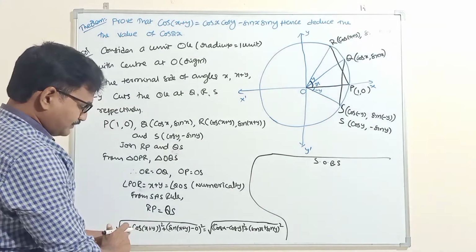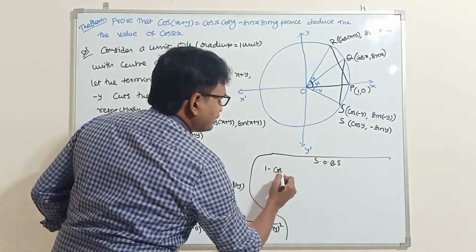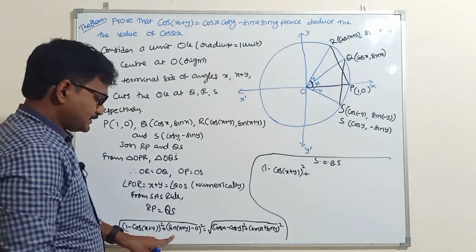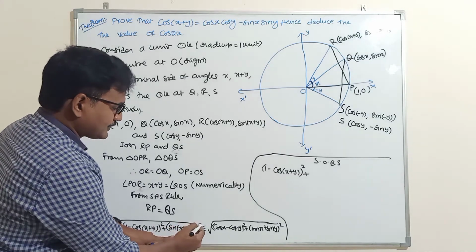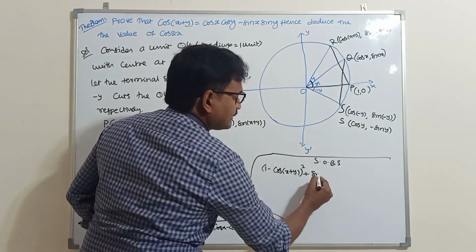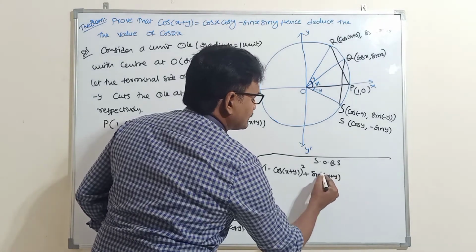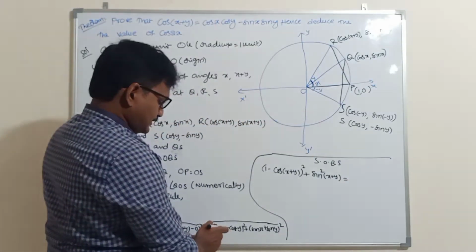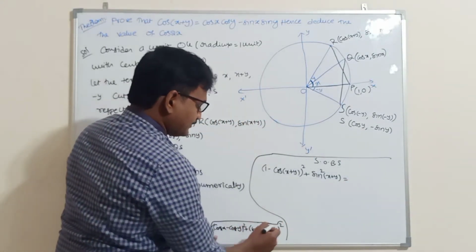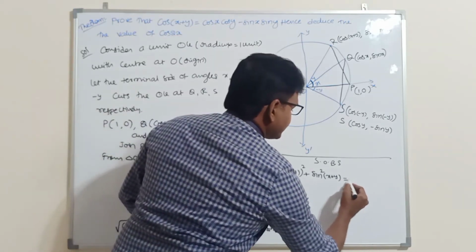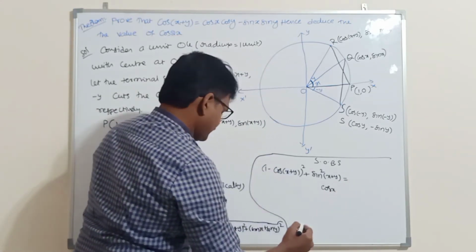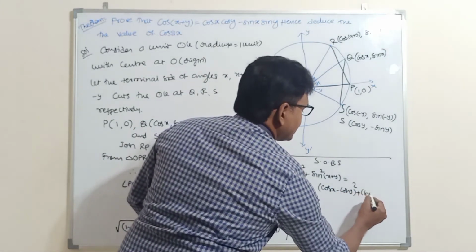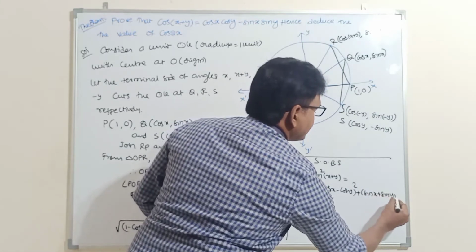Then you will get (1 minus cos of (x plus y)) whole square plus (sin of (x plus y) minus 0) whole square, which means sin square of (x plus y), is equal to (cos x minus cos y) whole square plus (sin x plus sin y) whole square.